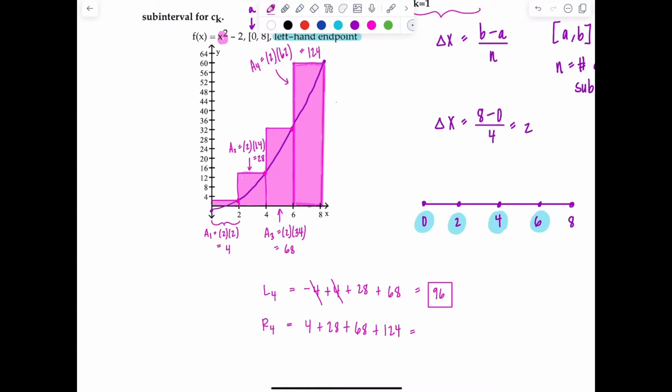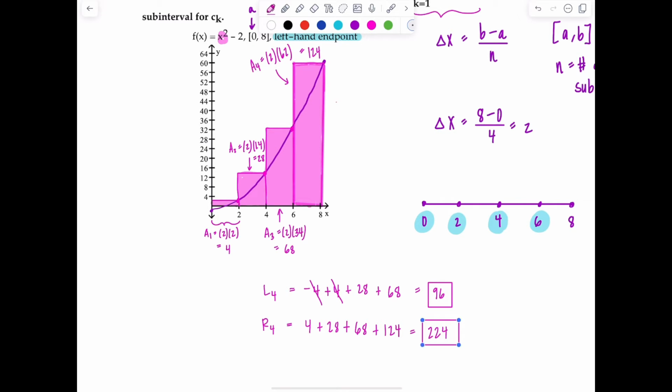Let's see, 4 plus 28, that's 32. 32 plus 68 is 100, isn't it? Plus 124. Let me confirm. I'm freestyling right now. I hadn't intended to do the right endpoints, but let's do it. 4 plus 28 plus 68 plus 2 times 62, 224. Good.